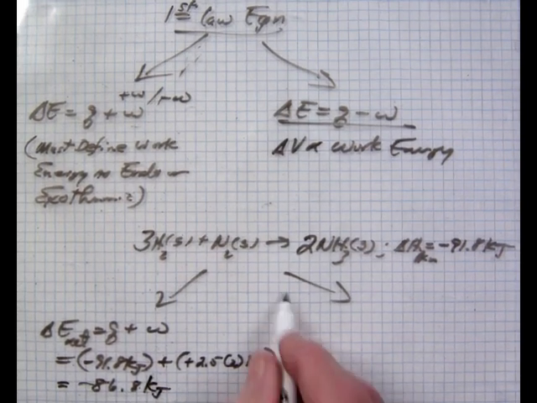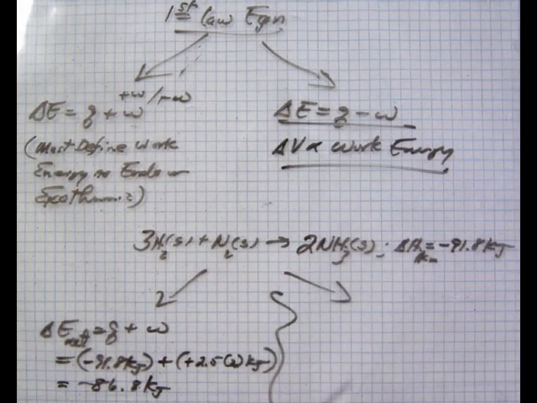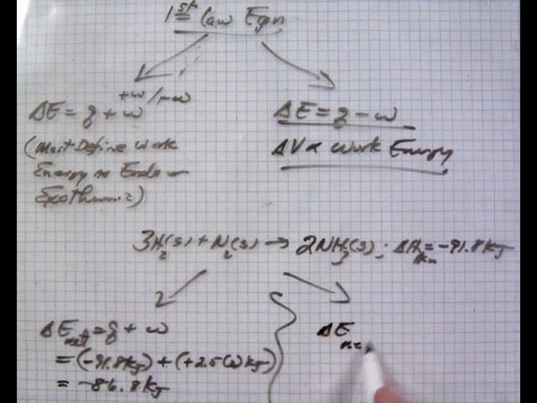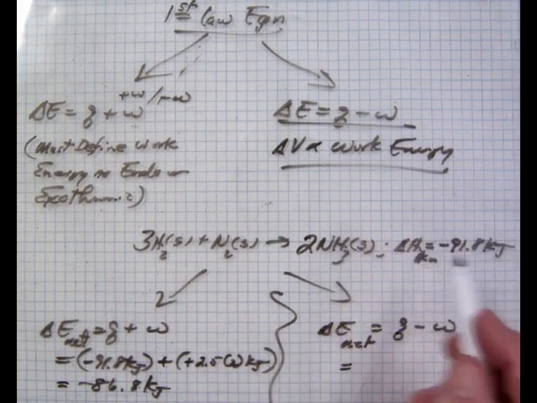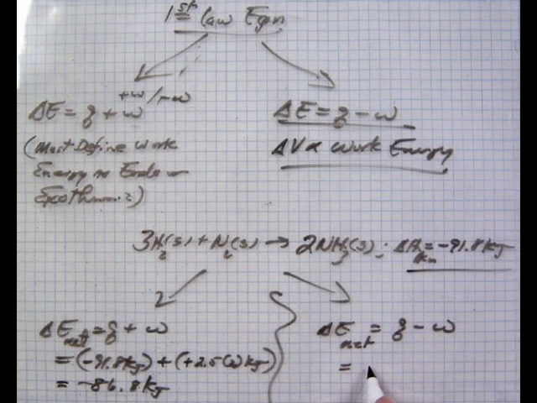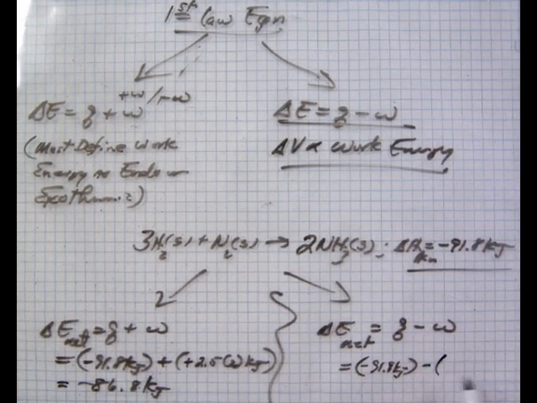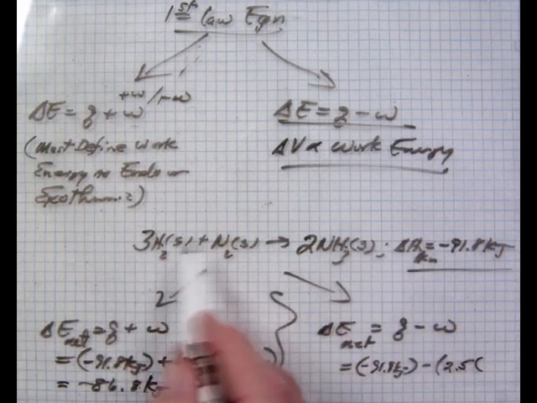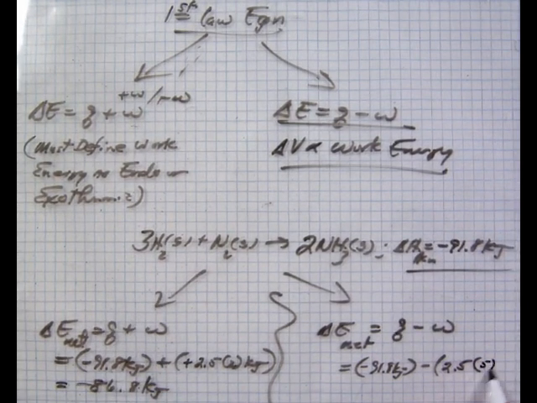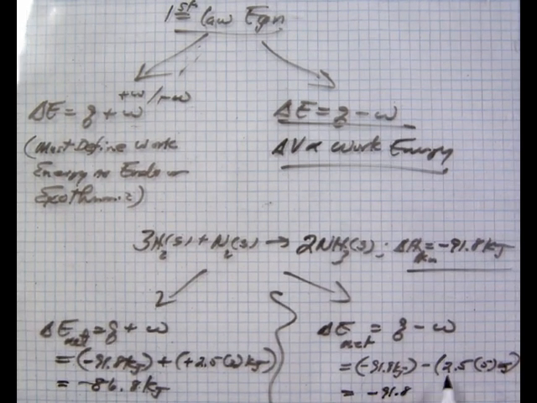Exothermic. Okay, if I did it over here using this minus right here, delta E net is equal to Q minus W. You keep in mind Q is the delta H here, minus 91.8 kilojoules, minus, all you have to do is put 2.5 delta V. You don't have to worry about pluses and minuses. The change in here is what?